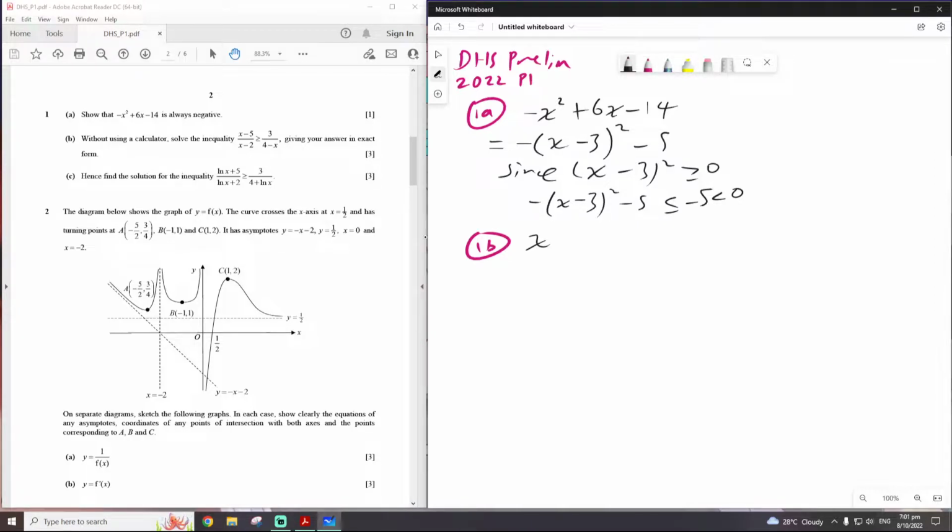We have (x minus 5) divided by (x minus 2) greater than or equals to 3 over (4 minus x). Okay?